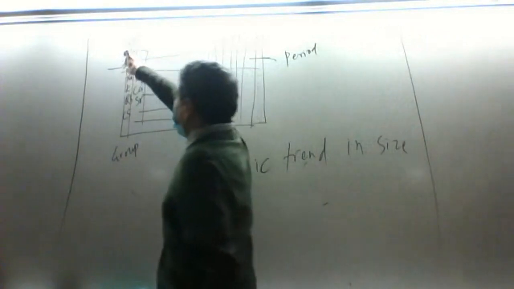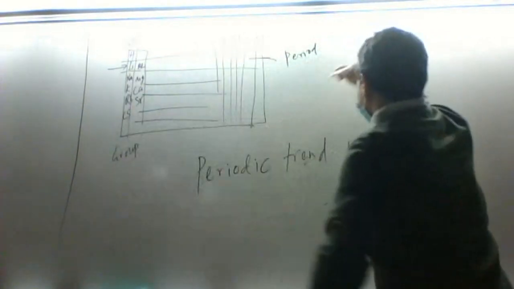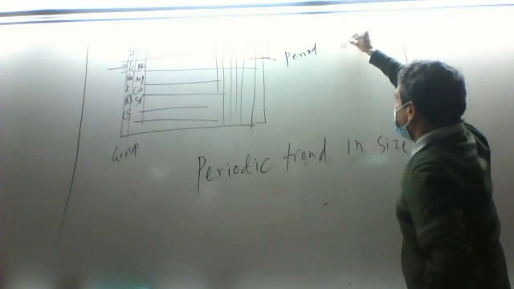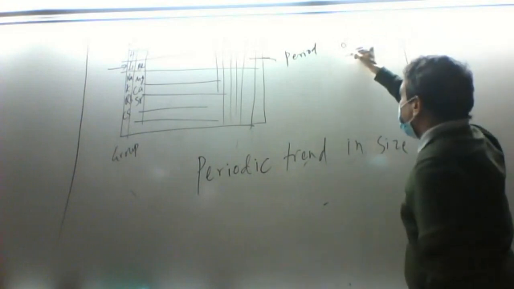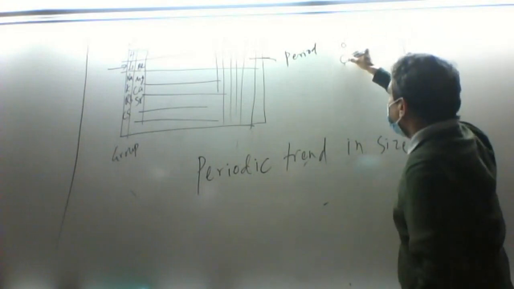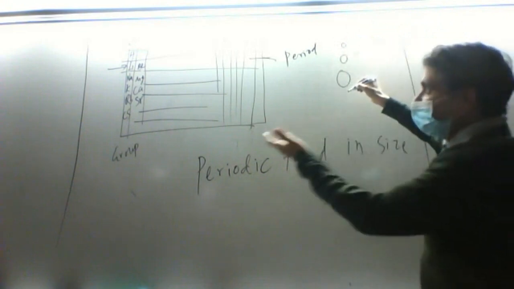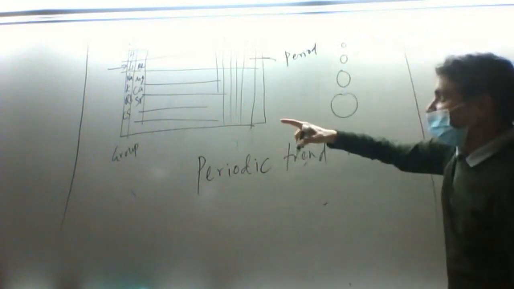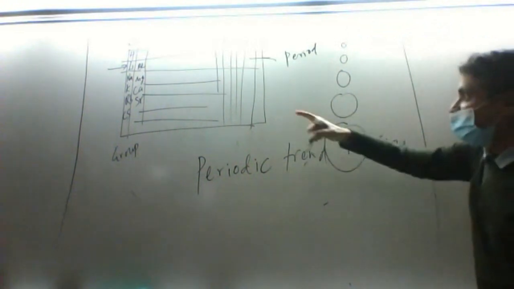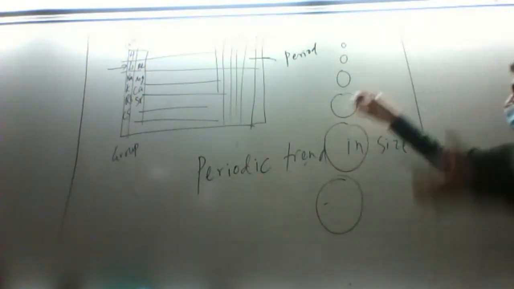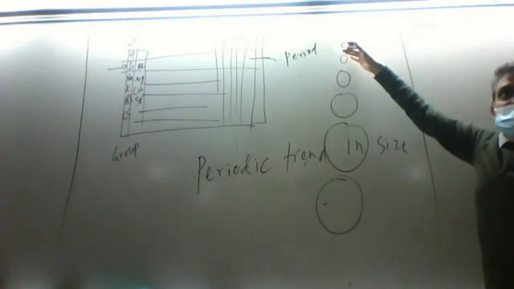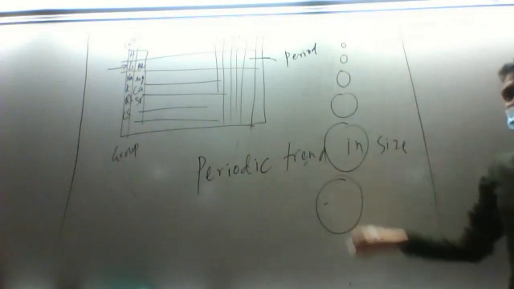When you go from top to bottom, the size of the atom looks like this. Hydrogen looks very small, the lithium looks a little bigger, and then sodium looks even bigger, potassium bigger, and rubidium and cesium even bigger. So the size of the atom increases when we go from top to bottom in a group.